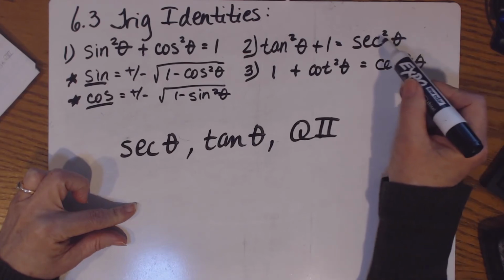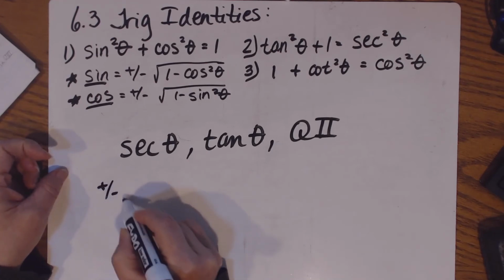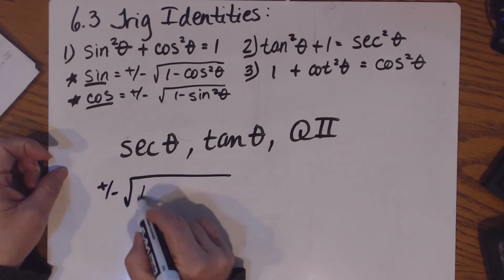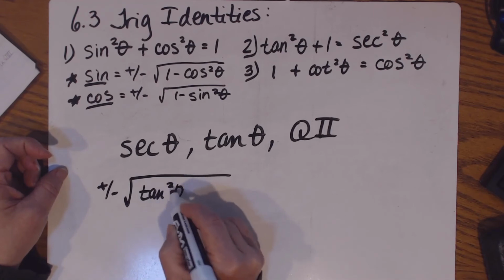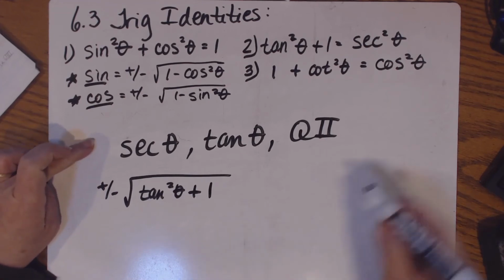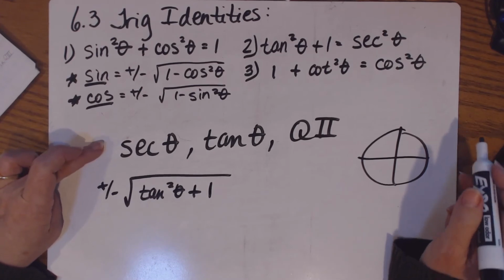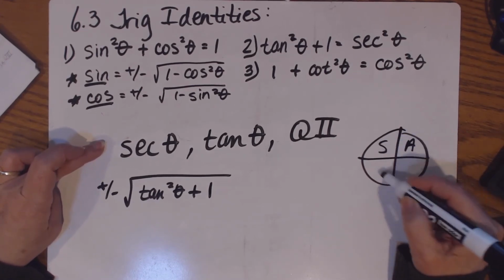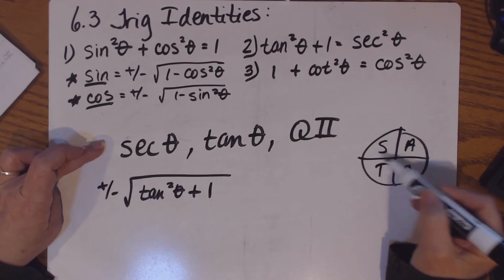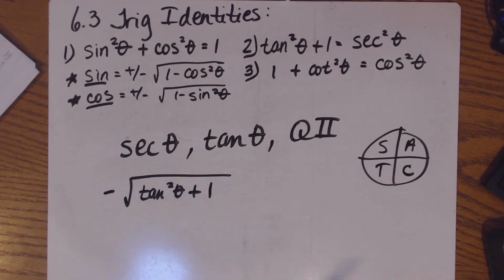So I could say that secant of theta is going to equal plus or minus the square root of tan squared theta plus 1. And then all I have to think about is in quad 2, secant is the reciprocal of cosine. That means it should be negative, which means I'm going to choose the negative version of this, okay? So I'm going to leave you to do 44 on your own, and that should get you good to go on those.